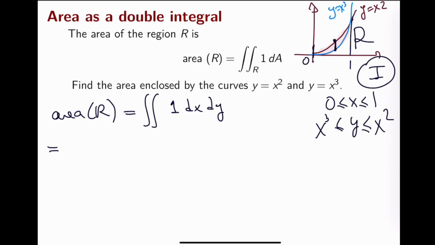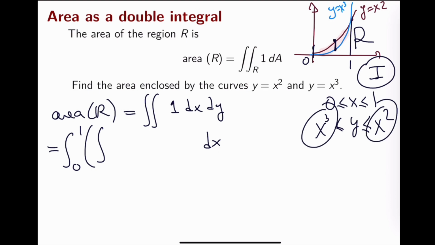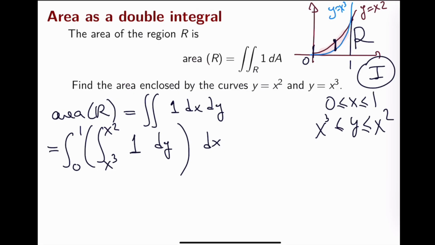we are going to calculate this integral as the integral between 0 and 1 dx, right? So the x will be the outer integral, and inside we are going to put the integral between this and this function, x cubed and x squared, of just the function equal to 1 dy.